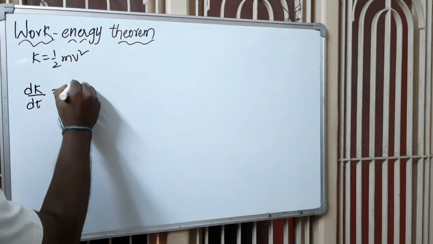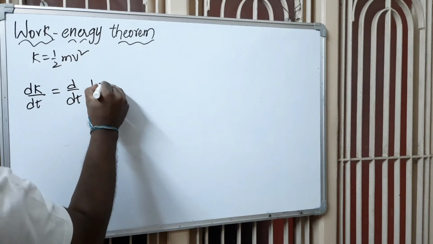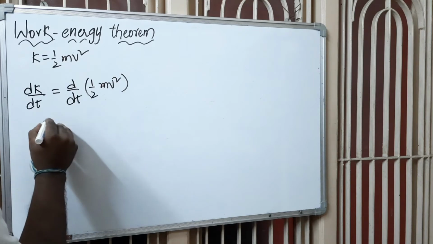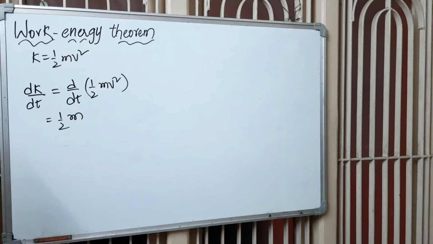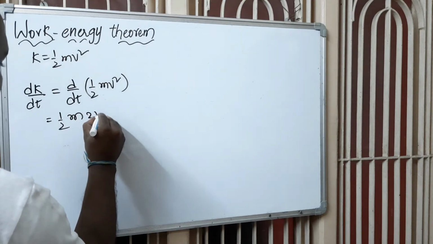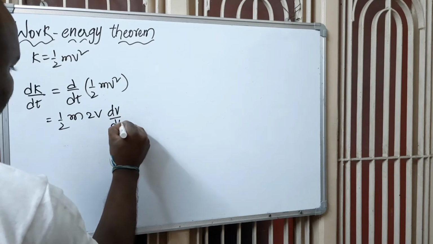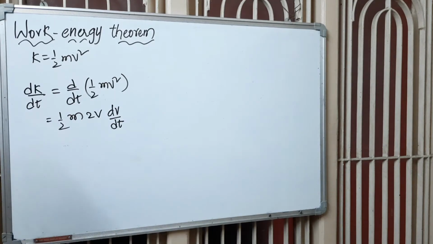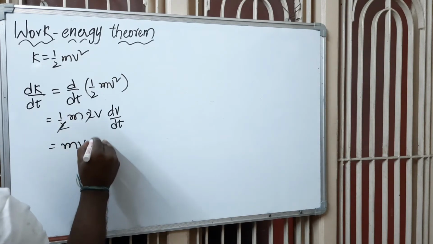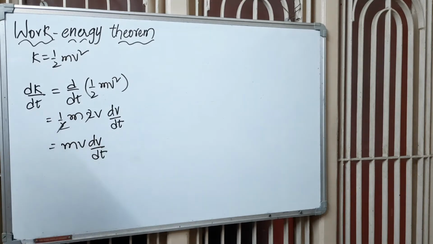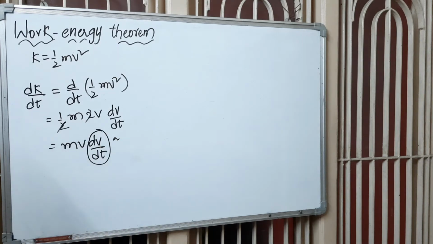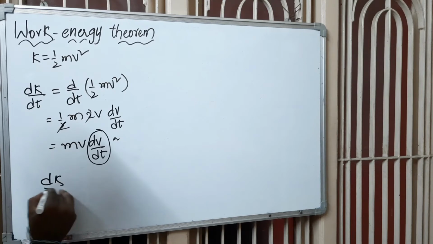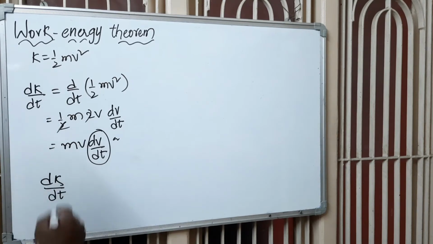Then we get d by dt of half m v square, that is half, m is constant, and v square gives 2v dv by dt. The two cancels, so we get m v dv by dt. dv by dt is called acceleration, so we got dK by dt is equal to m a v.